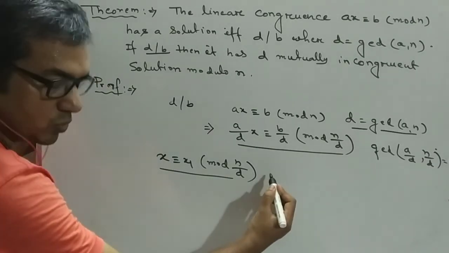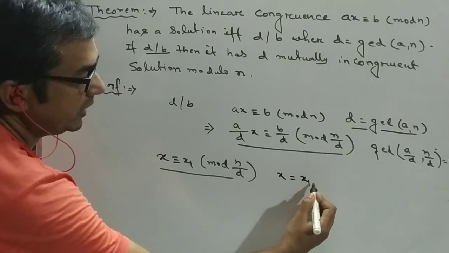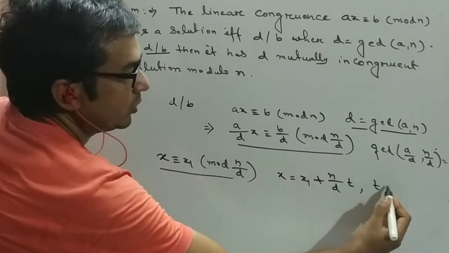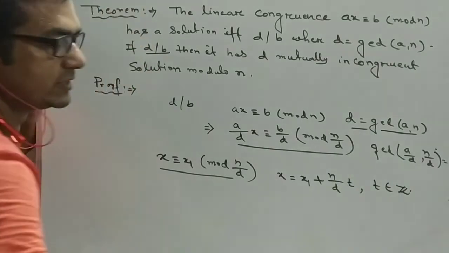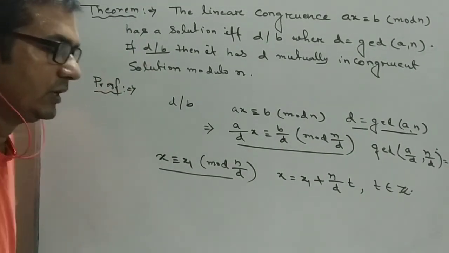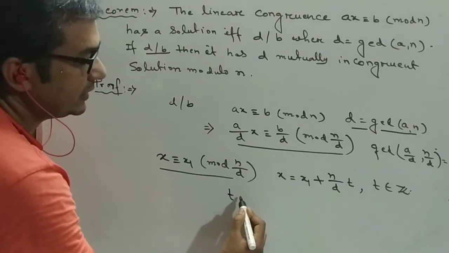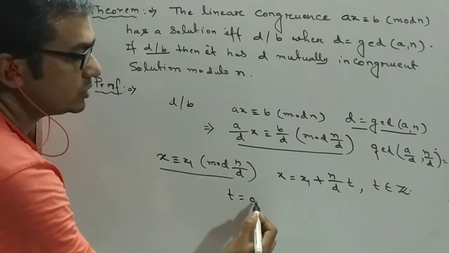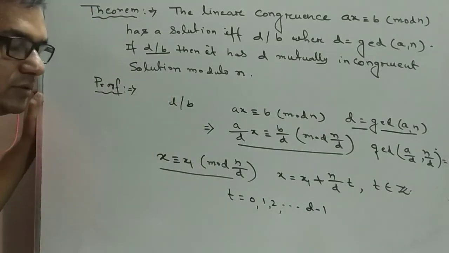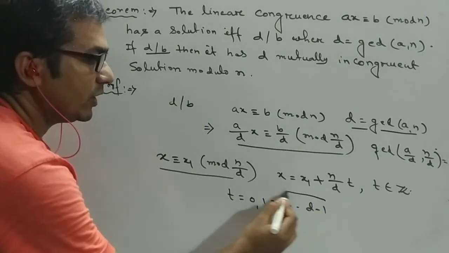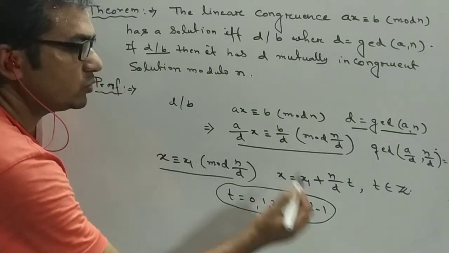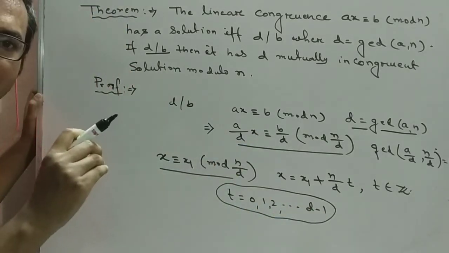That is, we can write x equals x1 plus n by d into t, where t belongs to Z, the set of integers, and t assumes the values 0, 1, 2 to d minus 1. We assume these values.